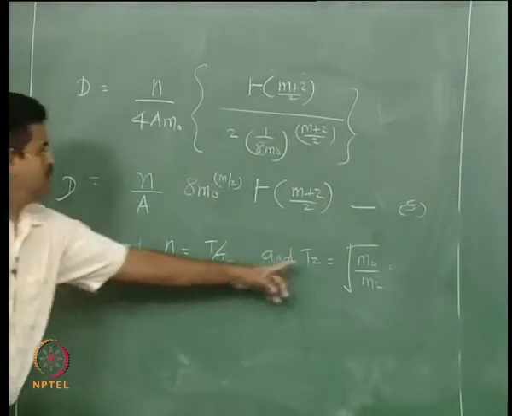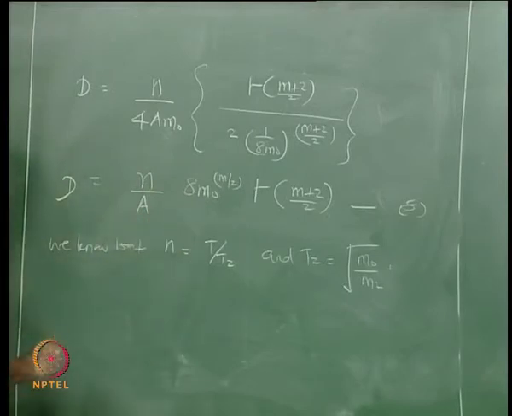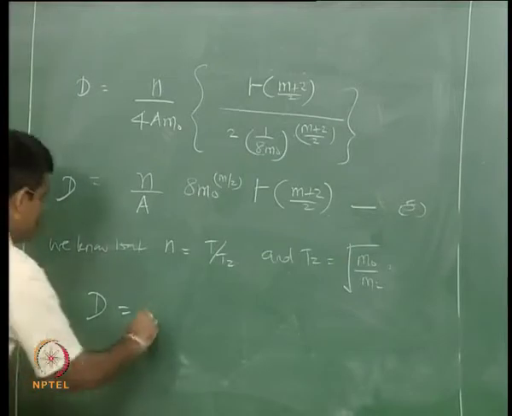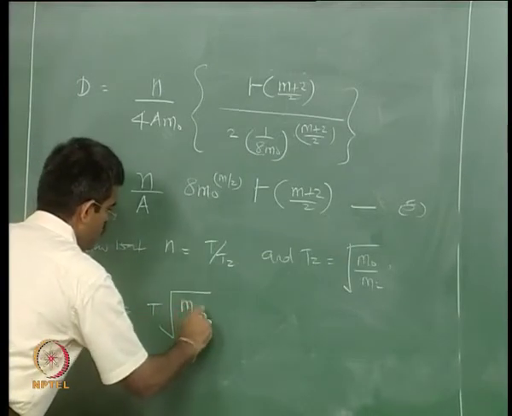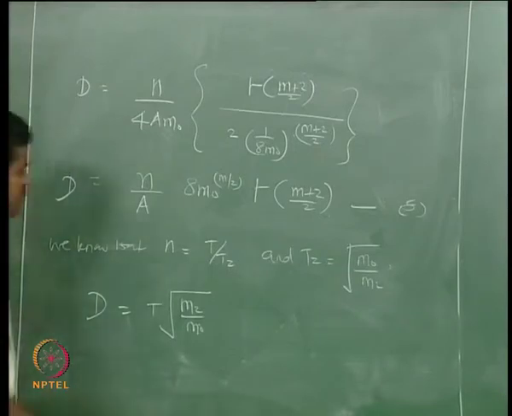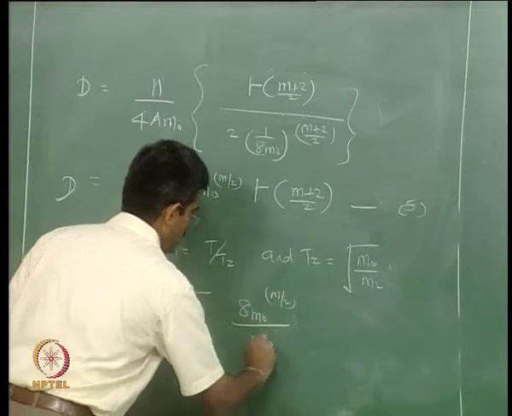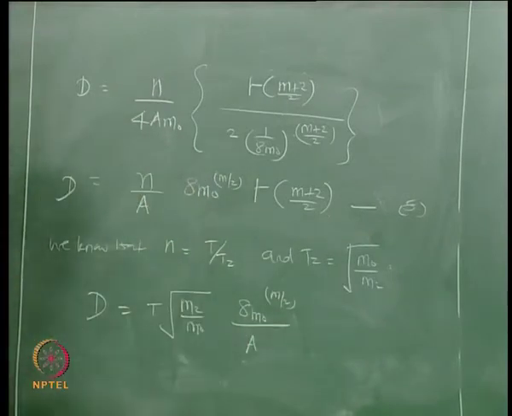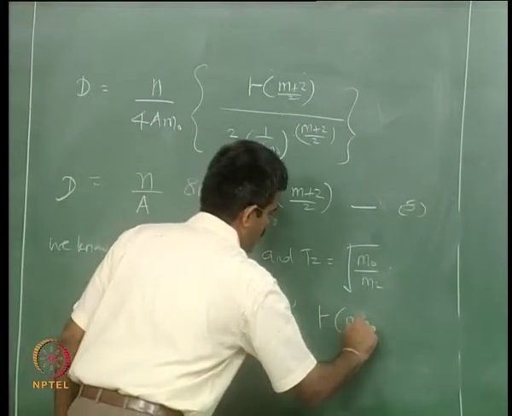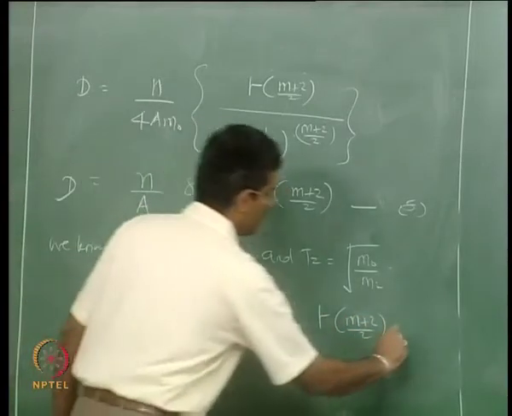So, I have T z here, substitute here, I have n here, substitute here, I get D as T square root of m2 by m naught, because this T z is the denominator, 8 m0 raised to the power of m by 2 by a, gamma function of m plus 2 by 2. This becomes equation number 6.